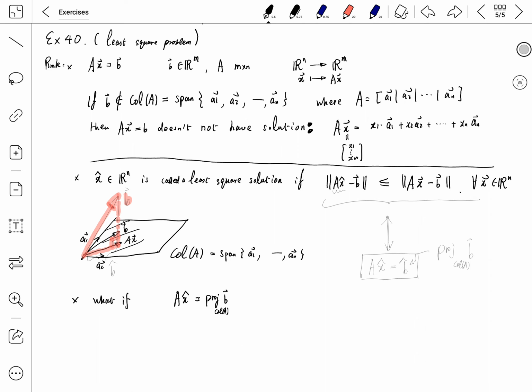That would be possible, but it takes a lot of work, right? Because for the column space of A, if it has an orthonormal basis, then that would be good. This would be just b dot a1 times a1 plus, up to, b dot an times an, under the option that a1, a2, an are orthonormal.